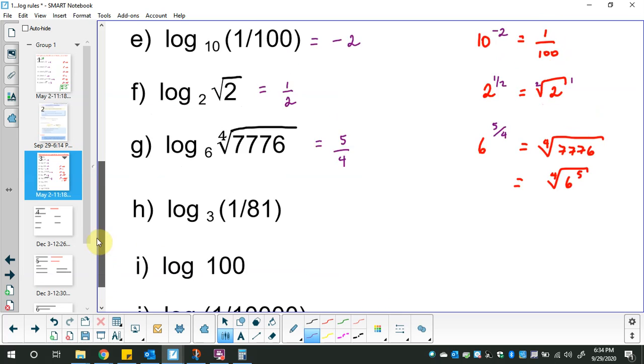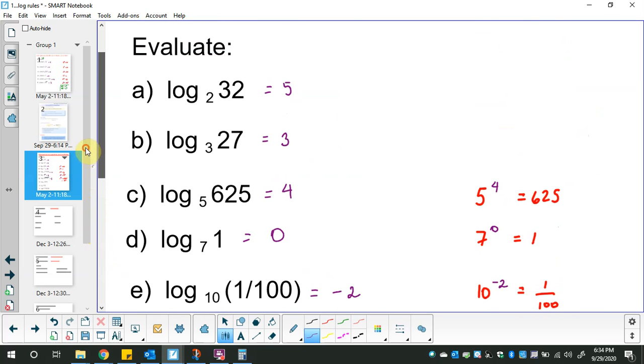Back to my promise, and I want to use question A as my example, not question B, which has repetitive numbers. The way you say this, among other ways, and I've got this written on a page elsewhere as well, this is log, comma, base 2 of 32 equals 5.